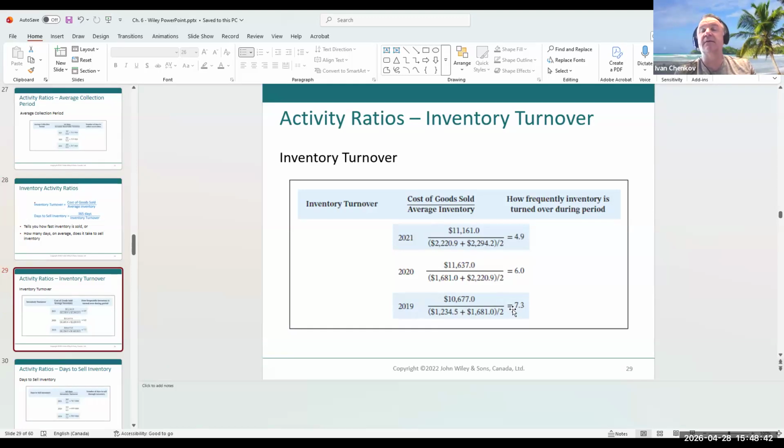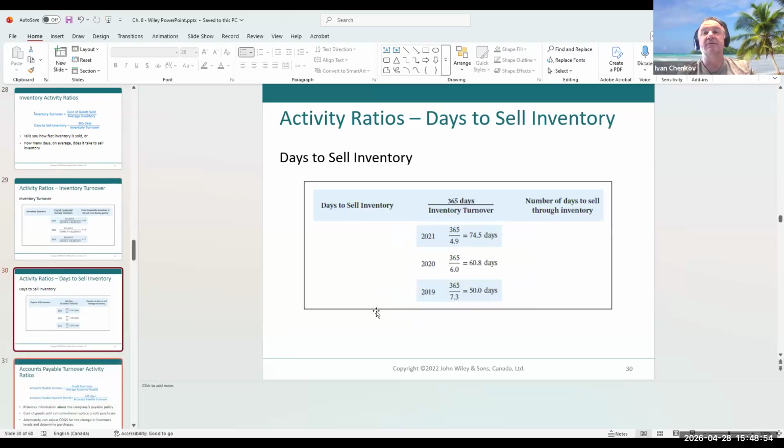In 2019, the inventory turnover was 7.3. In 2020 and 2021 it dropped down below 5. What does that mean? That means we're not selling our inventory as fast. At first, we sold inventory every 50 days, then it became 60 days.